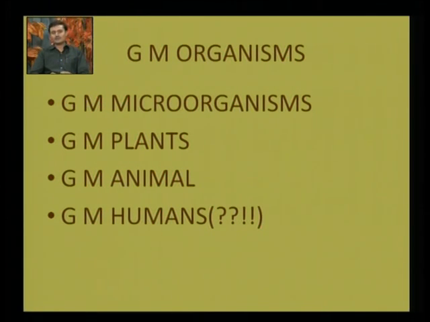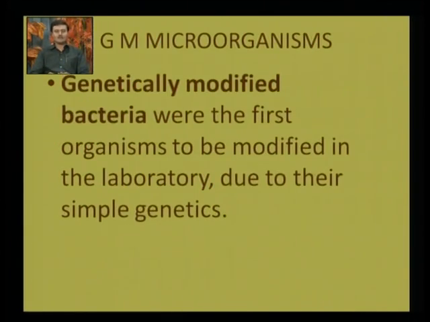First we start with genetically modified microorganisms, or GM microorganisms, then genetically modified plants, genetically modified animals, and genetically modified humans. It's not the exact modification of humans, but we'll see what it means and why we have written GM humans. First we'll start with the genetically modified microorganisms.